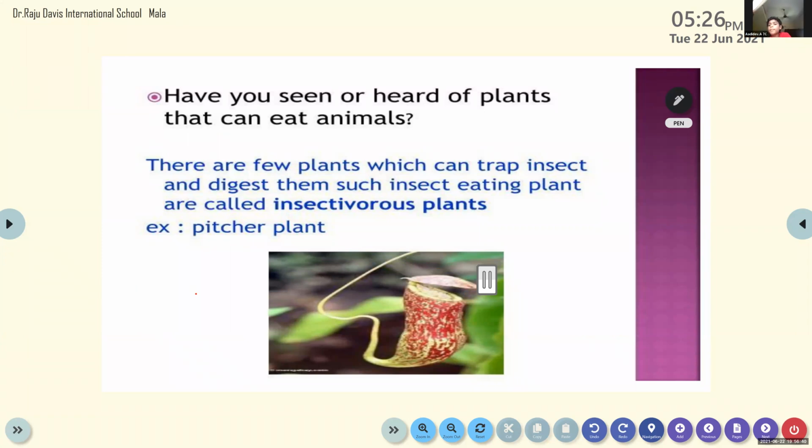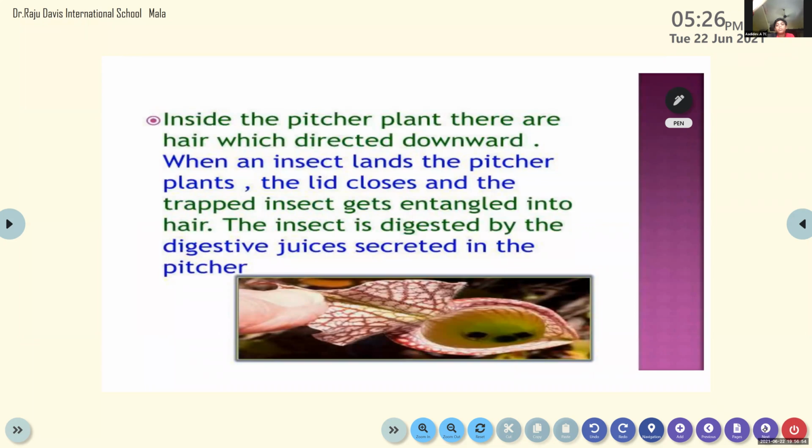A smell will come from this plant, right? Yes. And inside the pitcher plant there are some hair-like structures.